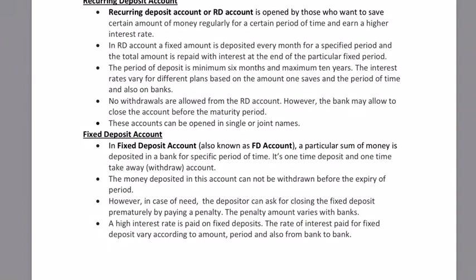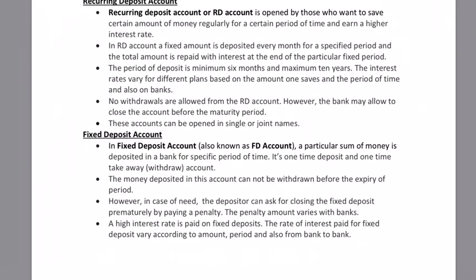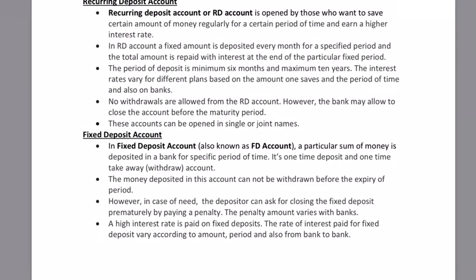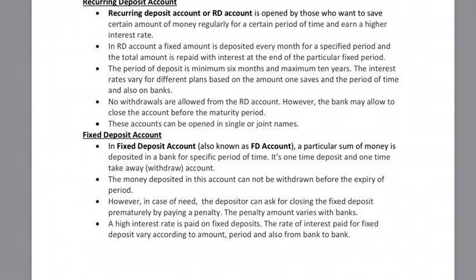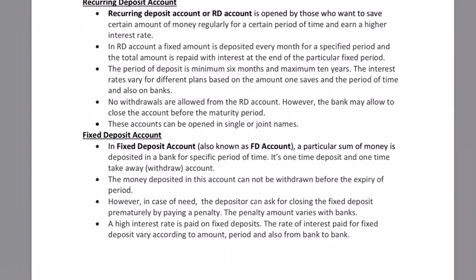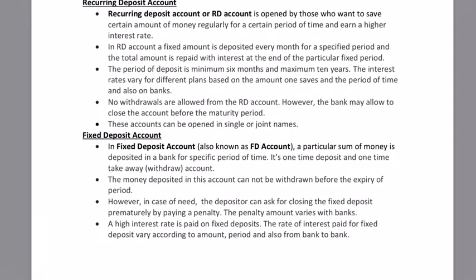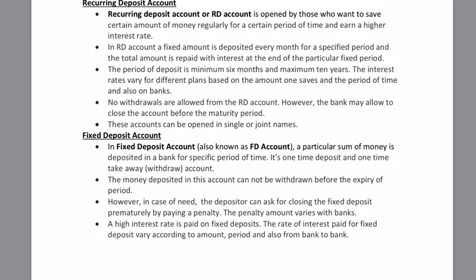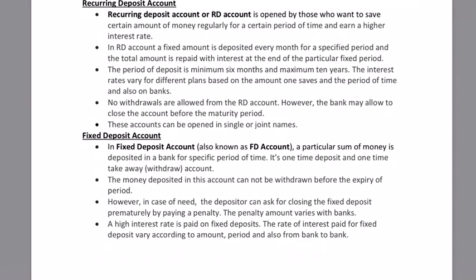So in this, what happens is every month a fixed amount is deposited with the bank, and this deposit on a monthly basis continues for a specific period of time, say for 6 months, or maybe it can be max up to 10 years. And the interest rate will also vary depending on what the plan is, and depending on the time period chosen by the depositor, and also what the bank is able to offer.